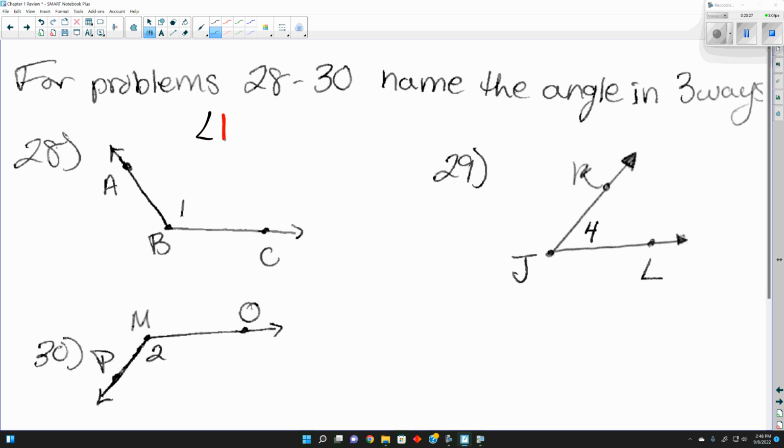We can name it as angle 1. Since there's only one angle, we can say angle B, and then ABC. What's one more? Because we can do ABC, CBA, angle 1, angle B. Any of those there? Questions on any of this here?